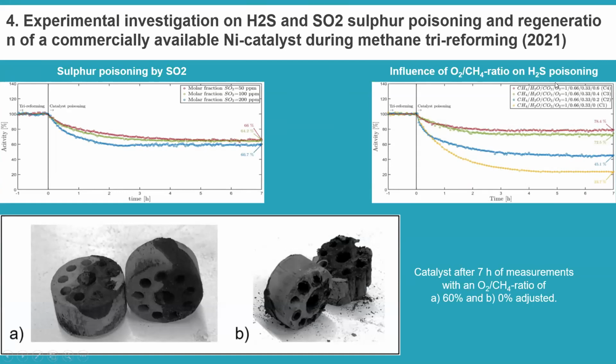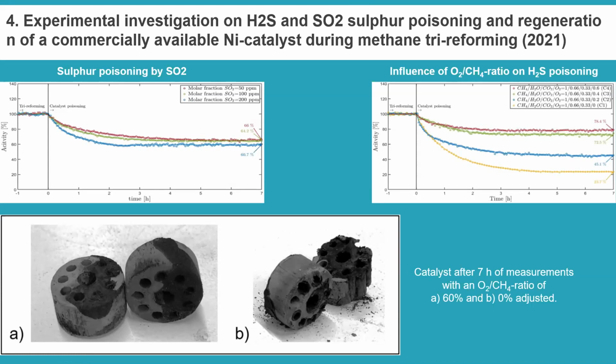In the study of the influence of the oxygen-methane ratio on hydrogen sulfide poisoning, oxygen is preferentially adsorbed on the nickel surface of the catalyst, which helps the formation of stable nickel sulfide and accelerates the chemical reaction. The effect of catalyst poisoning due to the addition of oxygen was also observed in the physical appearance of the catalyst after 7 hours of measurement.